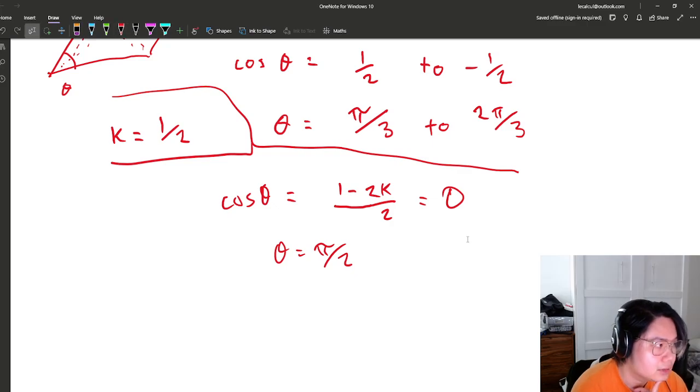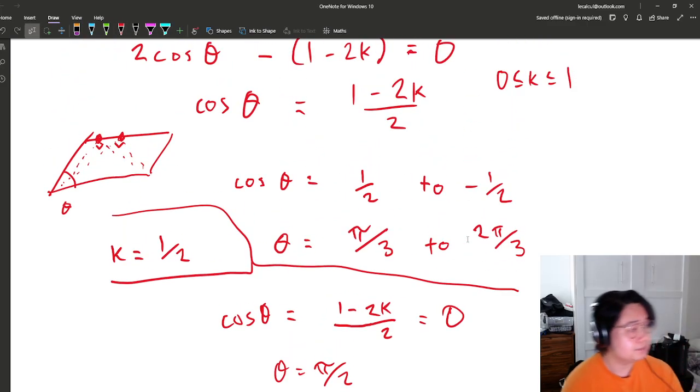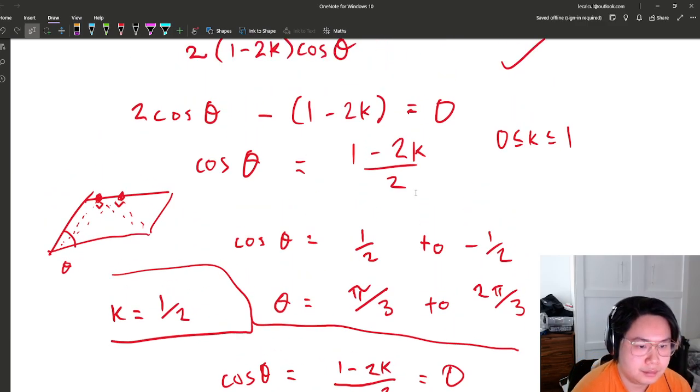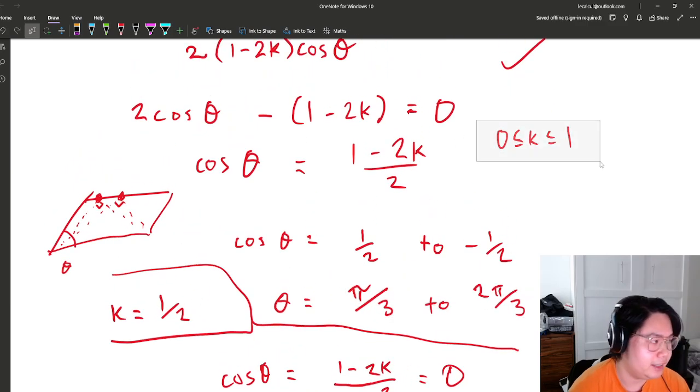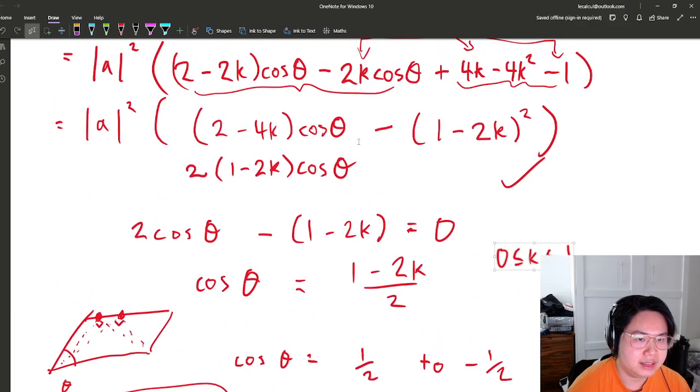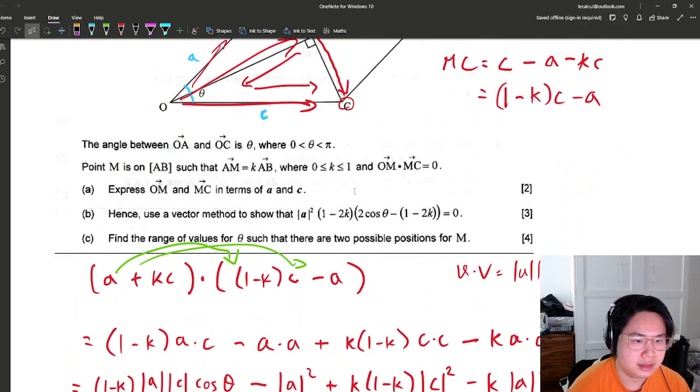So okay, I see. Okay, I understand now. So as long as theta is between these two values, then there's gonna be a k value that exists between 0 and 1, so that the second factor is 0.